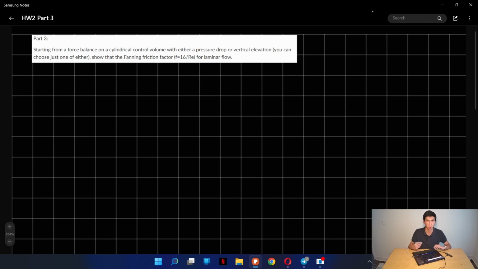There are two ways to do it. We can do it horizontally and consider the change in pressure, or we can do it vertically and consider the gravitation-driven flow. So I want to do it using gravitation.